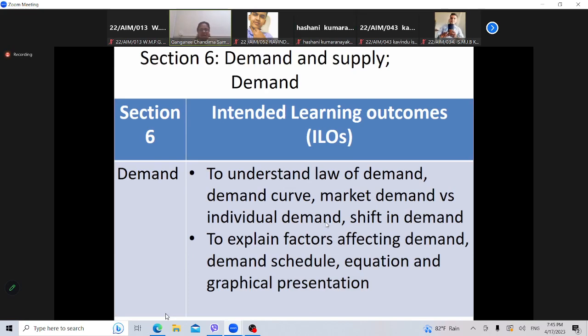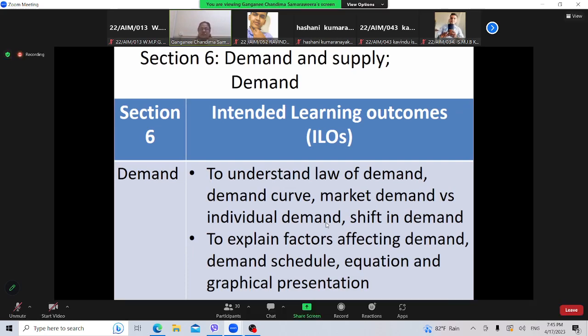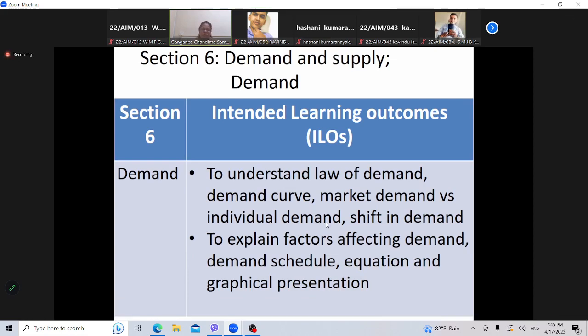At the end of this section, you will be able to understand the law of demand, demand curve, market demand versus individual demand, and shifting demand curve. And you need to explain what are the factors affecting demand.